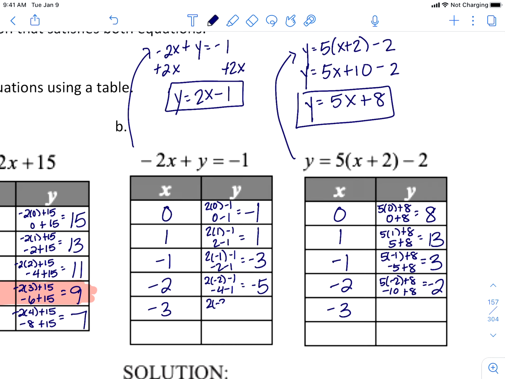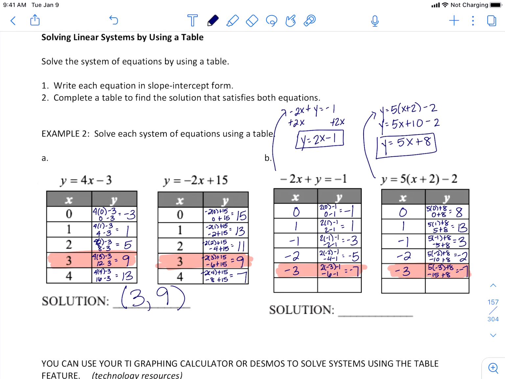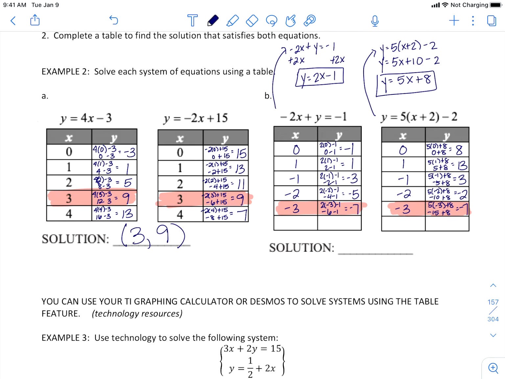And 2 times negative 3 minus 1, negative 6 minus 1 is negative 7. 5 times negative 3 plus 8, negative 15 plus 8 is negative 7. And now we can see we found it. So at negative 3, they both have an output of negative 7, so our solution is negative 3, negative 7.